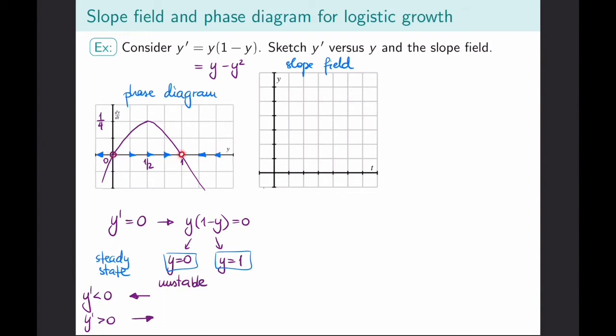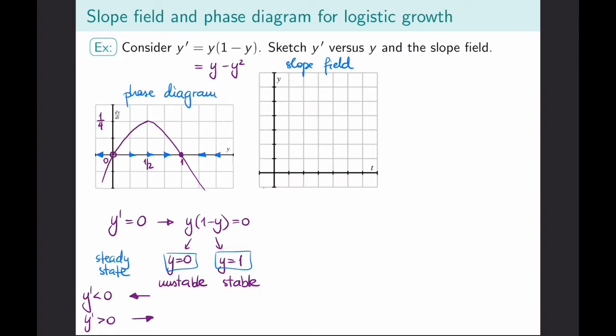For 1, though, I can see that arrows point toward it from both sides, which means that if I place my little ant near 1 here, the arrows will lead it toward 1. That means that 1 is a stable steady state, which I denote by a filled-in circle on the phase diagram, and I can then state that as a conclusion to my stability analysis.